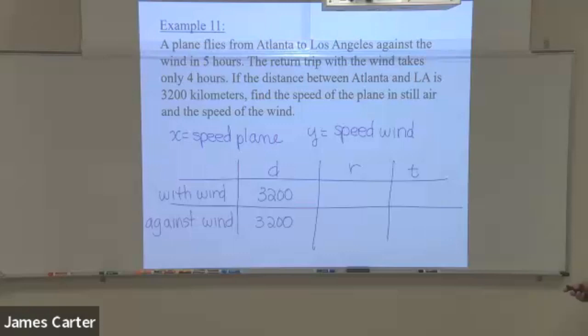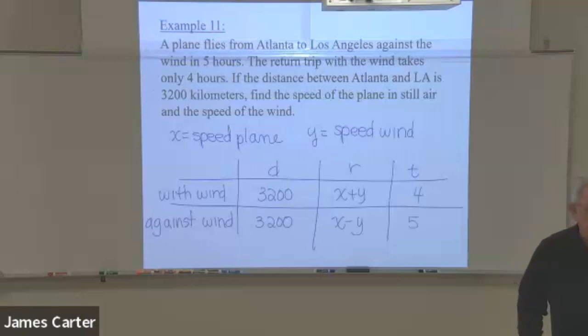But when you're with the wind, the rate is going to be the plane plus the wind. And when you're against the wind, then it's the plane minus the wind. Easy for me to say. And we got respectively 4 and 5 hours on these.